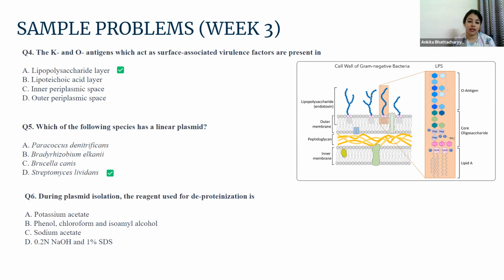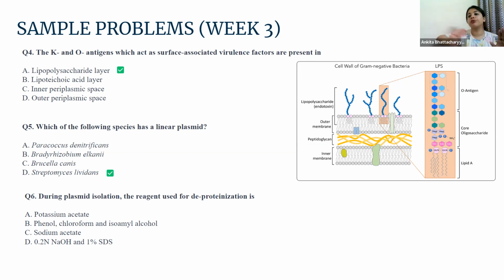When you lyse a cell, which means you rupture it, all the contents that come outside majorly consist of nucleic acids and proteins, right? If your objective is to specifically get plasmids, you will eliminate the other components one by one.